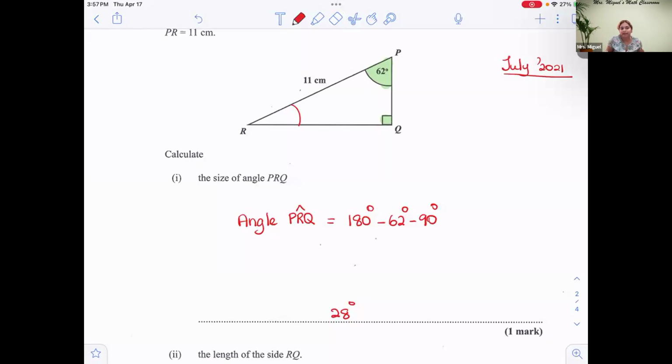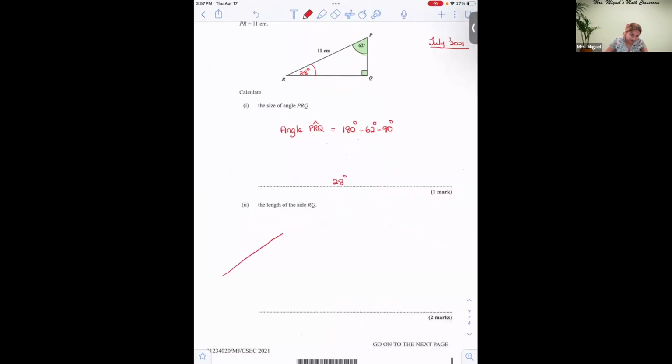Now we don't have all the information that will allow us to use Pythagoras' theorem. So our next option is SOHCAHTOA. So I will redraw the triangle so that you will understand what information I am using to find the length. I will use the 28 degrees, or I could use the 62 degrees.